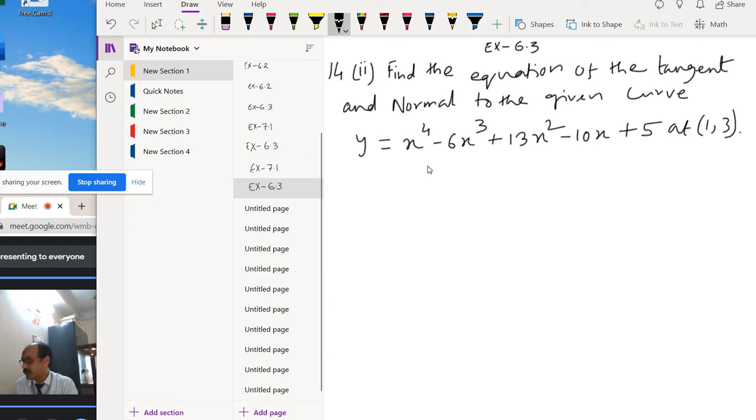So y equal to x to the power 4 minus 6x cube plus 13x square minus 10x plus 5 at (1, 3).